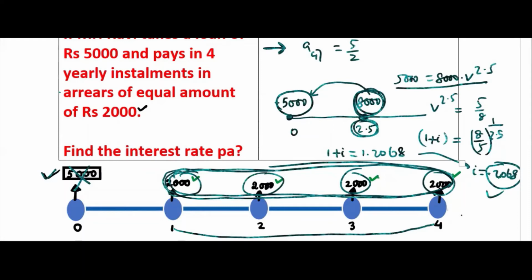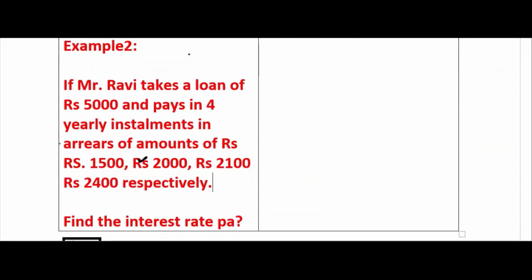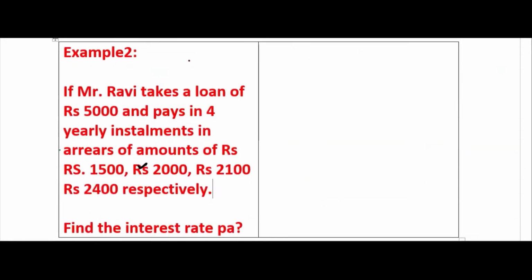How can you make a rough guess? Sometimes a binomial power 1 plus I power n, that will help. Sometimes this way it will help. Sometimes, because for this you won't get marks in the exam. Sometimes you can do directly also. This is the question. This is Example 2.